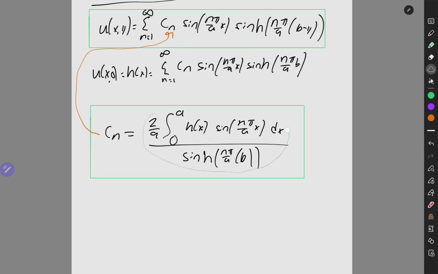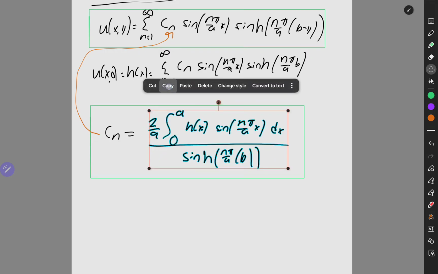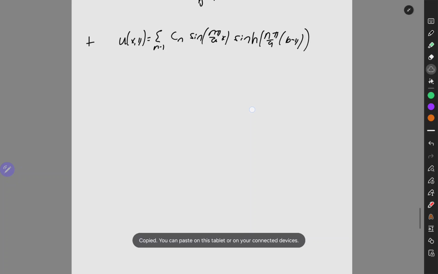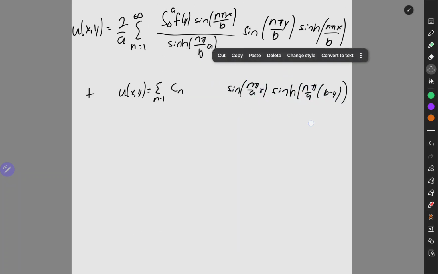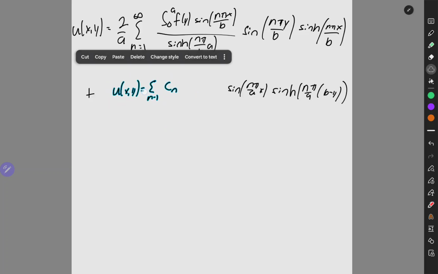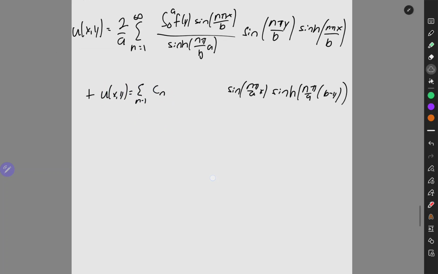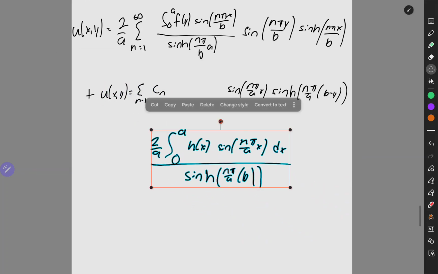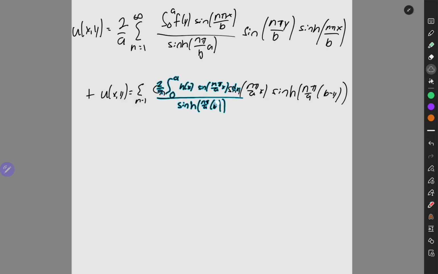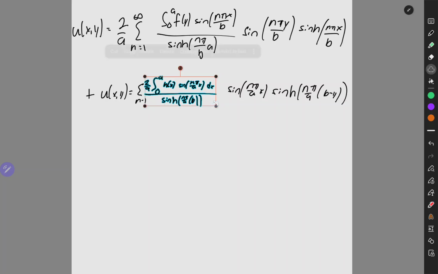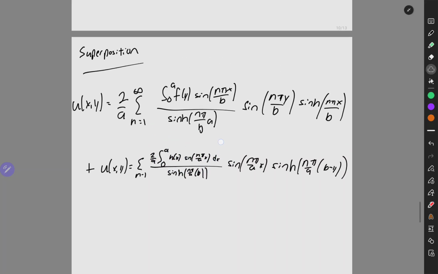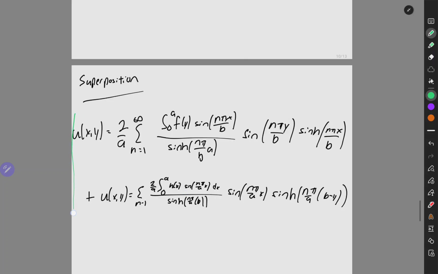I'll just copy this, move all this over, paste, shrink that down. That's our answer. That's it. We just superimpose those two solutions.